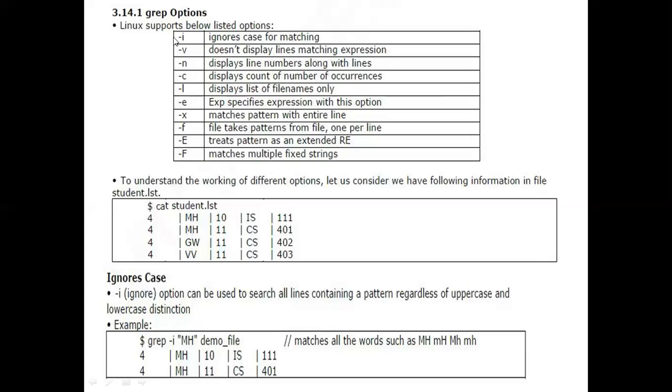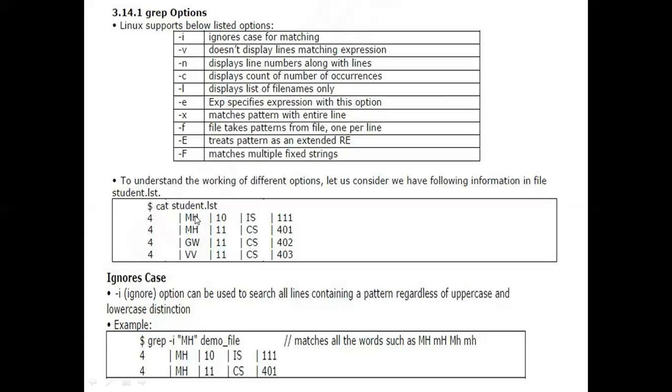The first option is -i, which ignores case, as the name itself suggests. Whenever it is searching the file for a particular pattern, it will ignore the case. That means the searching happens irrespective of the case. So the -i option can be used to search all lines containing a pattern regardless of uppercase and lowercase distinction.